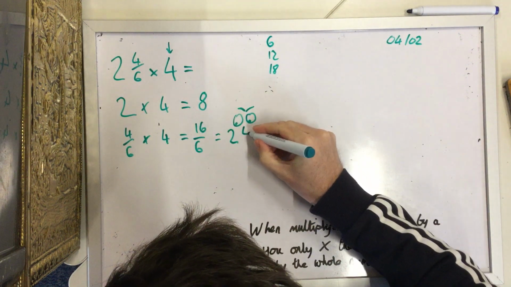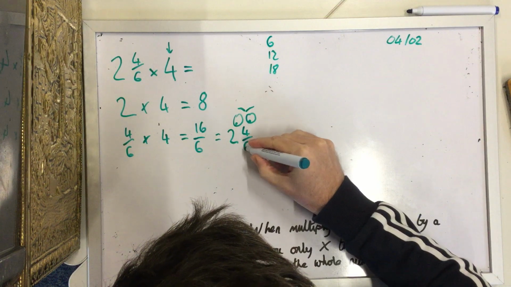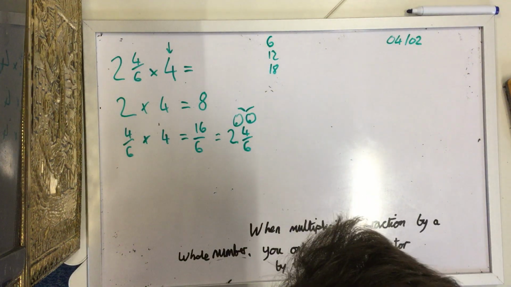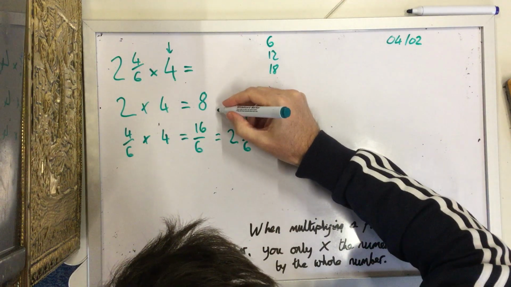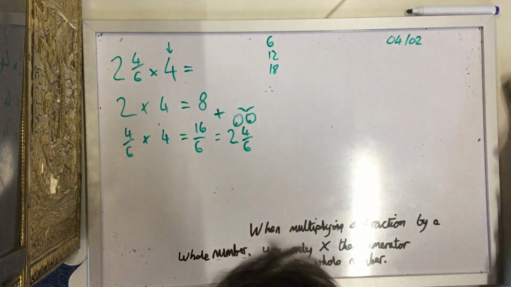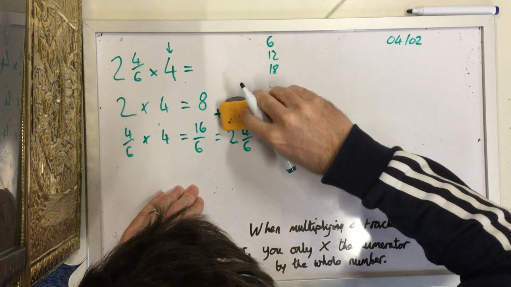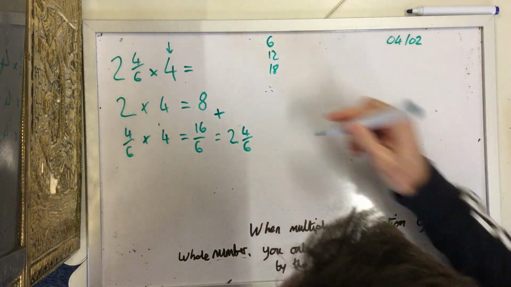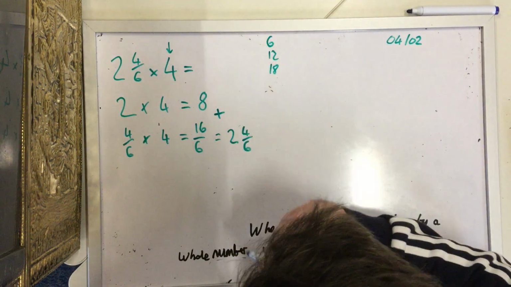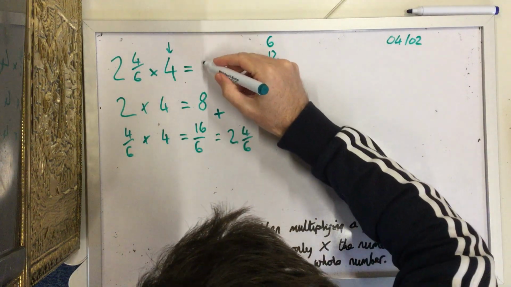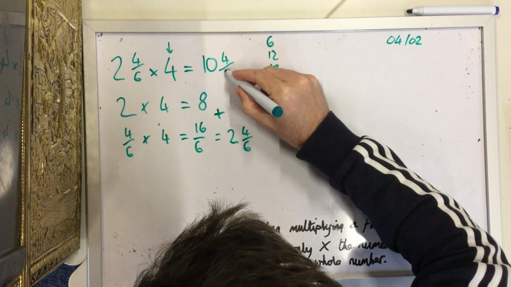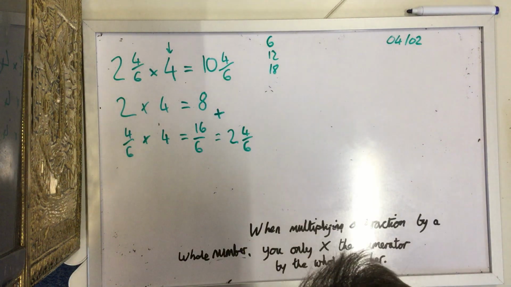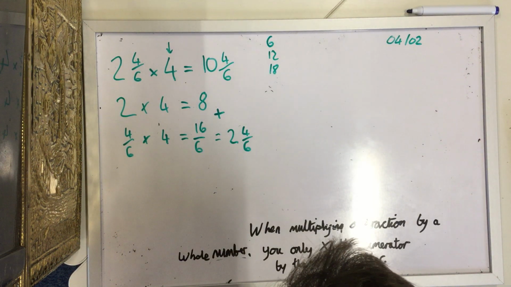So we've got 4 as our remainder. So we've got 2 and 4 6ths there. So we add these two together. 8 add 2 is 10, and 4 6ths. Okay, so that's that first method.